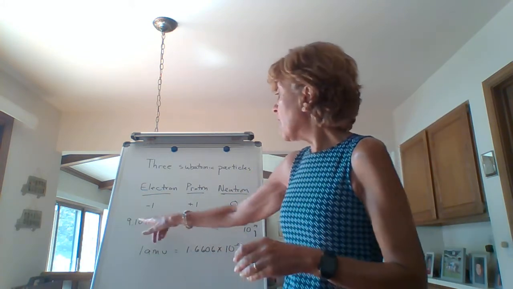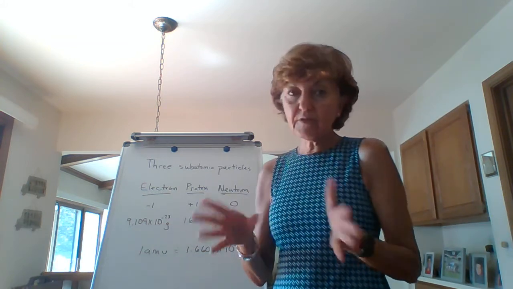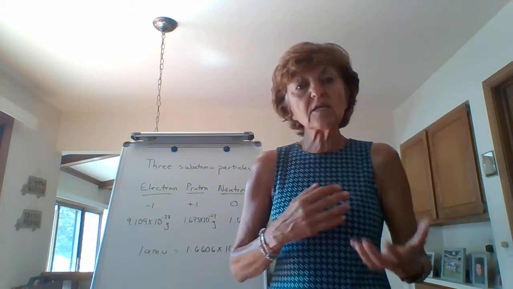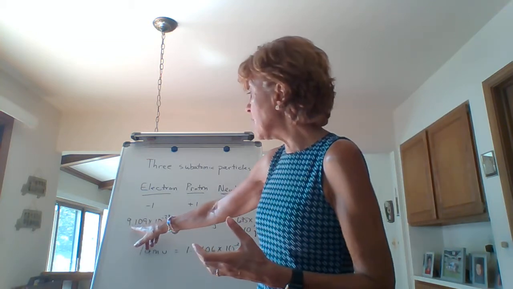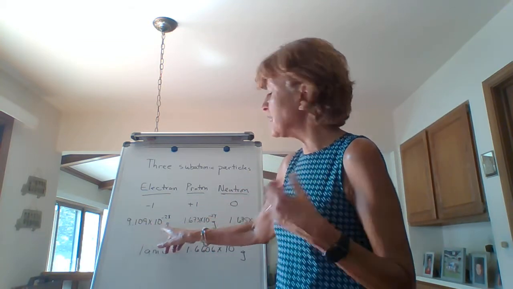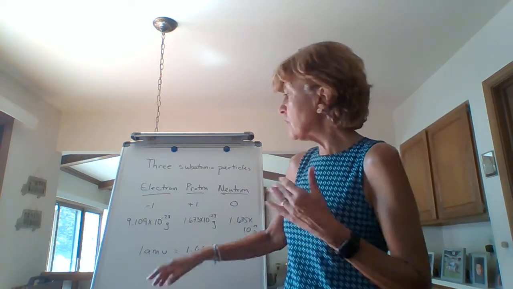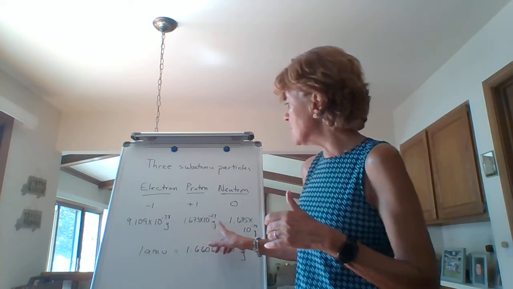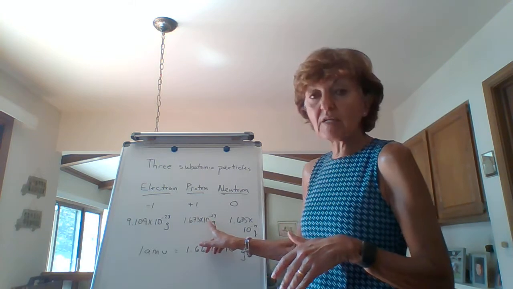Okay. I wrote down the masses in grams for each one of these. Obviously, you don't have to memorize these, but I just wanted to write the masses so you can see relatively how they compare. An electron has a mass of 9.109 times 10 to the minus 28 grams. Very, very tiny. Very, very light. A proton is considerably bigger than that, even though it's still a really tiny mass, 1.673 times 10 to the minus 24.